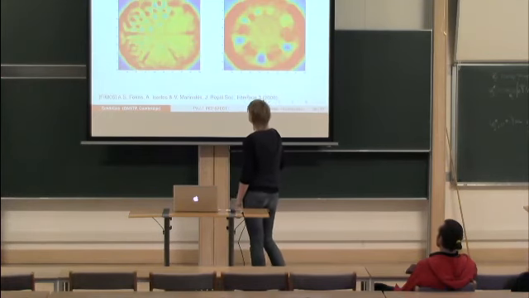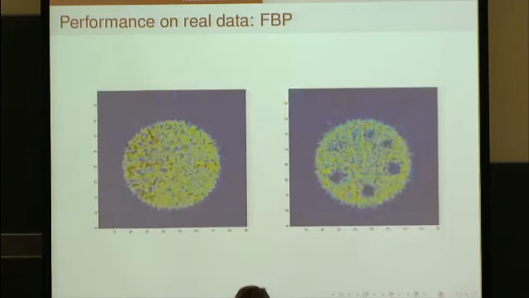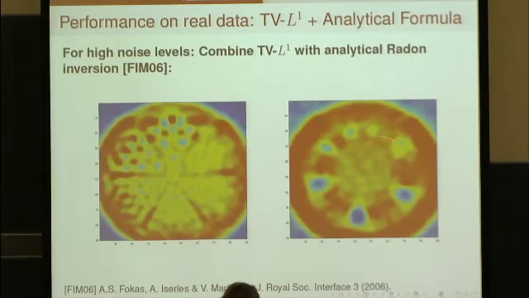And what you see when you go to the next slide is just a zoom in. So this is the fine section, and this is the coarse section. Even comparing the regularized version of the coarse section with the regularized version with the same noise level but with just the filtered back projection inversion, you already see that it pays off combining this TV regularization technique with a very accurate way of inverting the Radon transform.